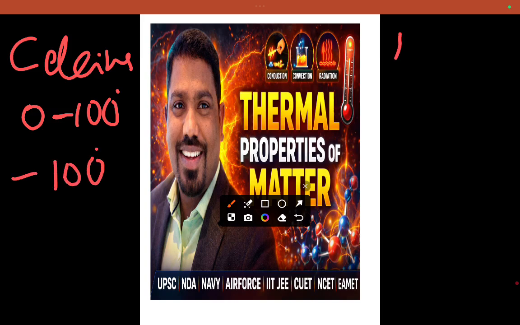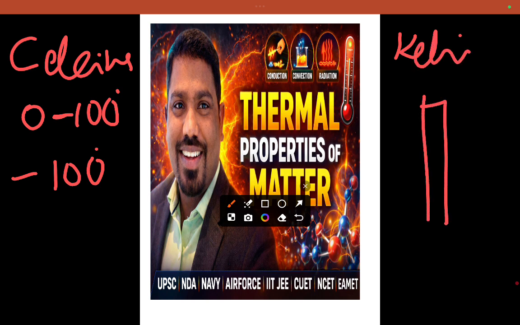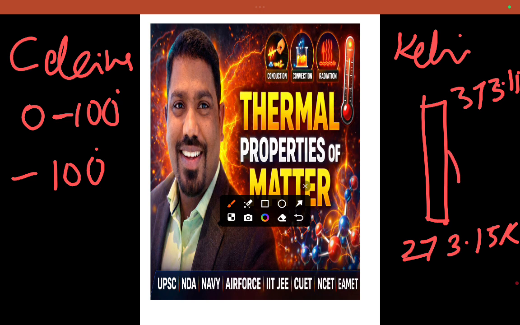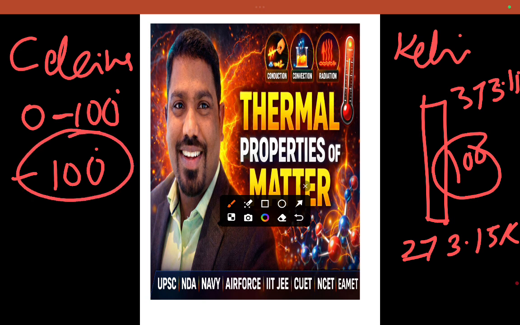Coming to Kelvin, the lower fixed point is 273.15 Kelvin, and the upper one is 373.15. The number of divisions here is 100.